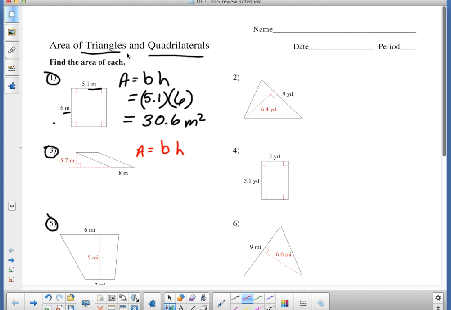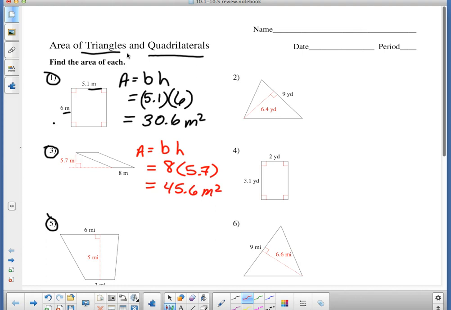It's a perpendicular distance, but keep in mind, it's either from the base or a line that contains the base. So the base is 8. My height is 5.7. So now I have 8 times 5.7, and I've got 45.6. So I got 45.6 meters squared.